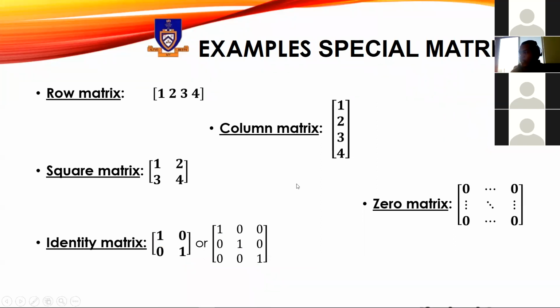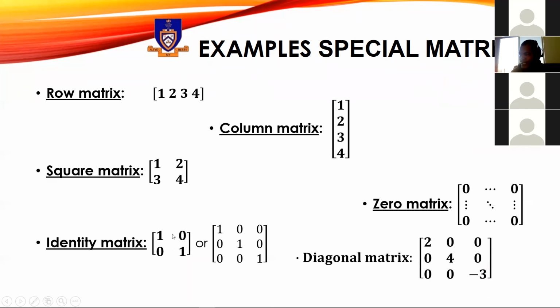And then finally, we have what we call a diagonal matrix. So a diagonal matrix is slightly different from an identity. It's just that instead of us having ones, we have basically numbers. Okay, so a diagonal matrix does not only have to be the main diagonal like this, it can also go in this direction, right?